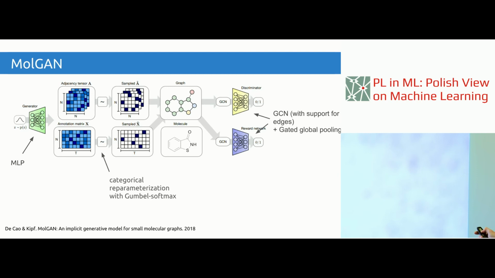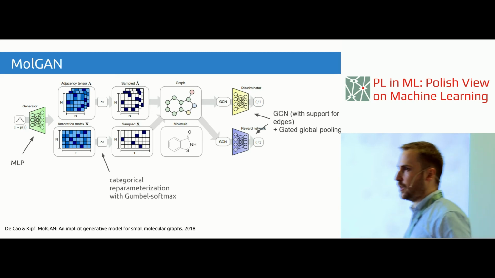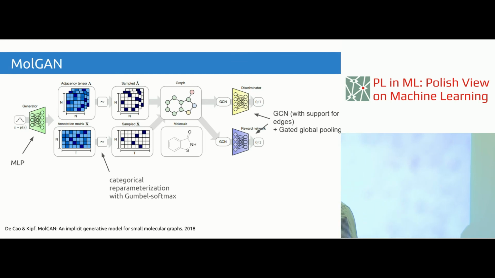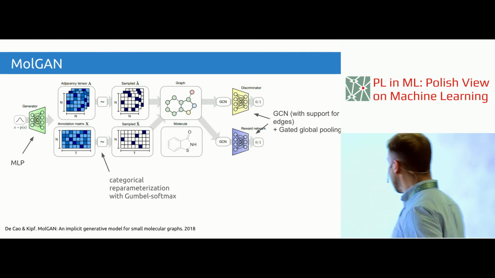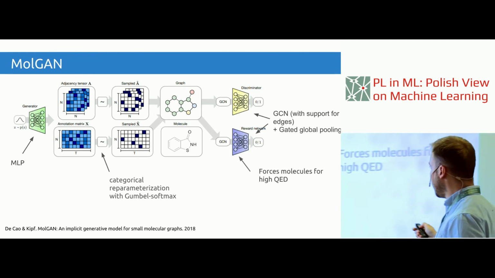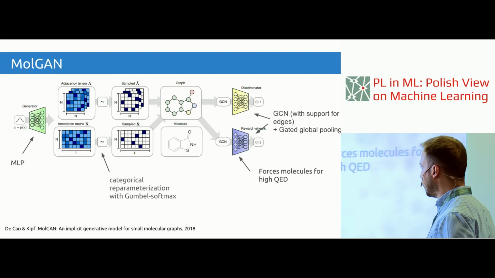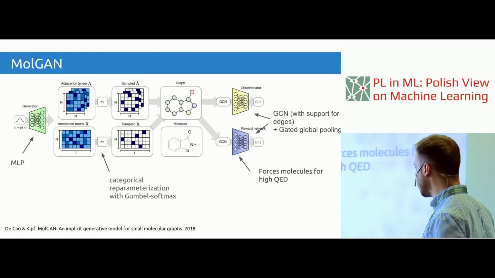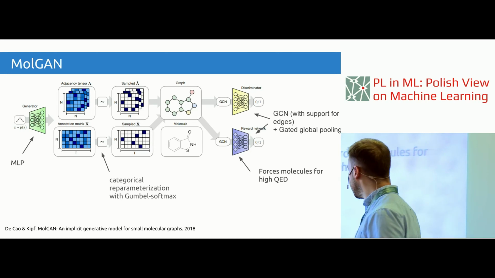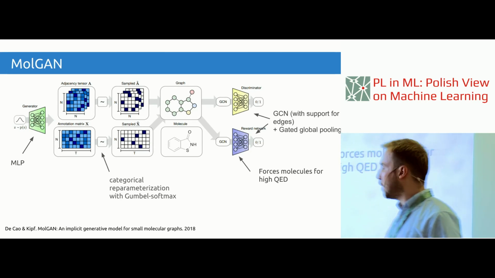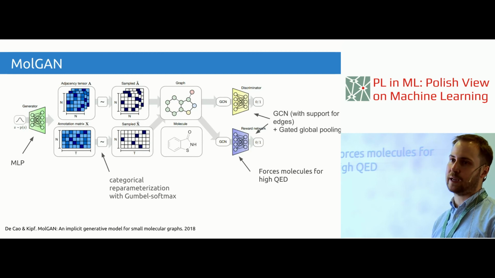And they are using graph convolutional neural networks as the discriminator and also as a reward network, because they are actually combining a generative adversarial network with reinforcement learning. They are doing it because they want the generated molecules to also have a high value of a quantity called quantitative estimation of drug likeness.